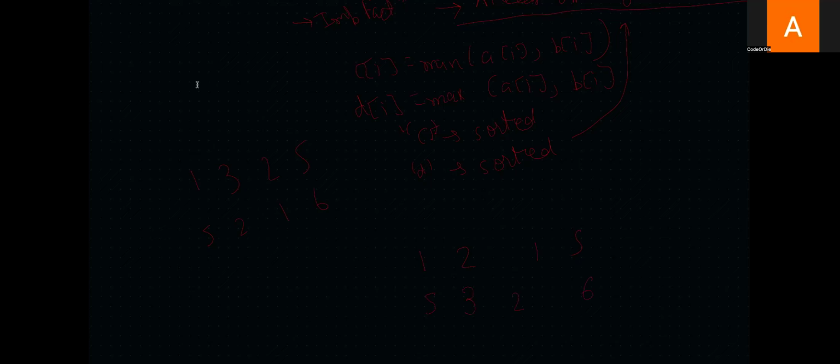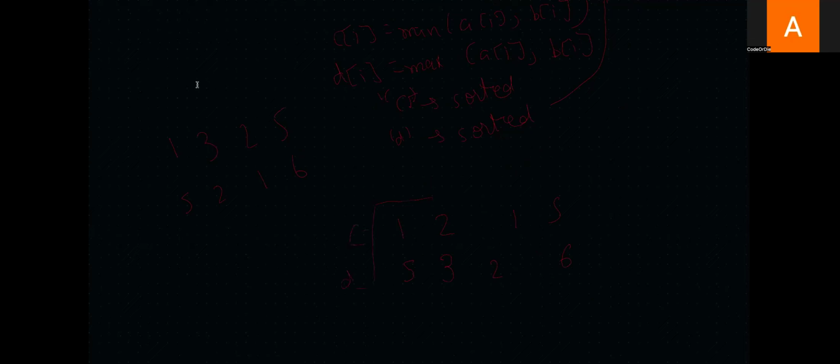So my claim is that this is your array C and this is your array D. Whatever you do, you can never sort it, because you got the maximum of these two elements into D. Even if the maximum of these two elements is less than the maximum of this, do you think that you can ever sort it? My claim is no.